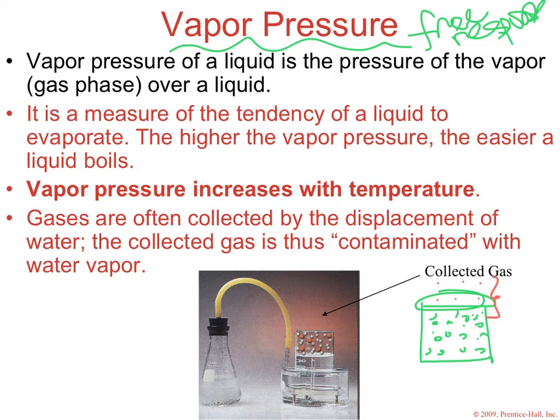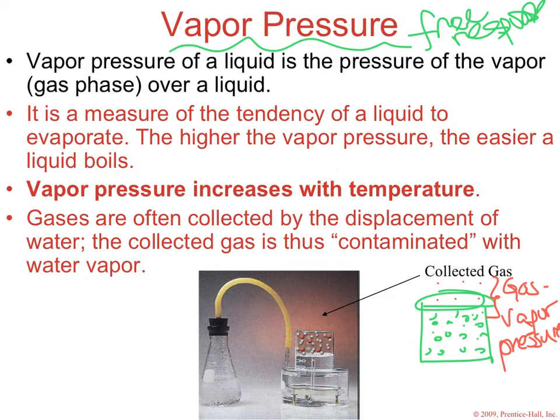So these gas molecules over a liquid, of course, like all gas molecules, will exert pressure, and we call that pressure vapor pressure. So vapor pressure refers to the few amount of gas molecules you have over a liquid surface.